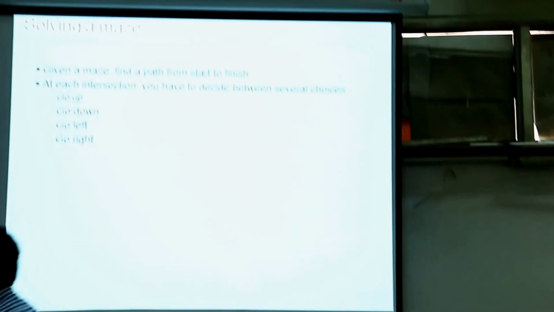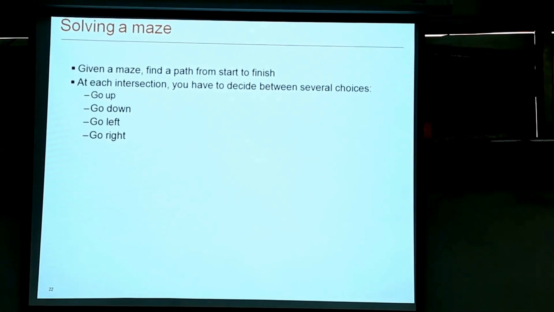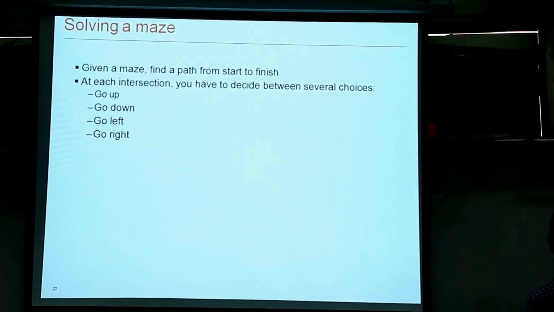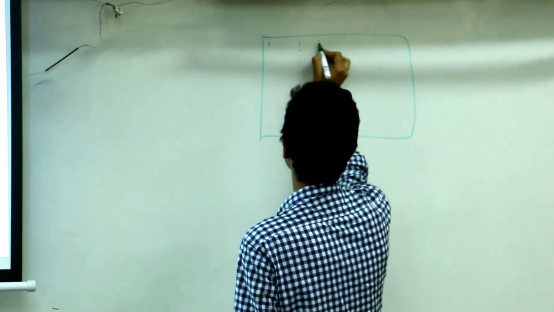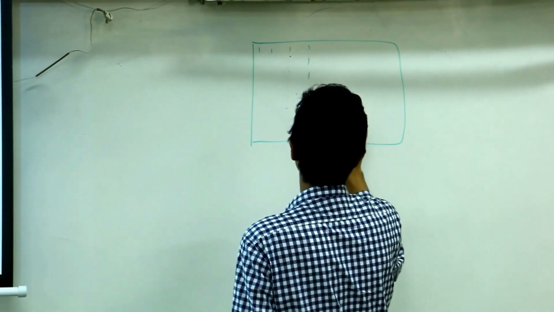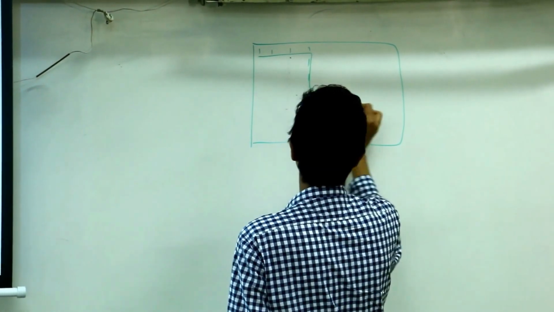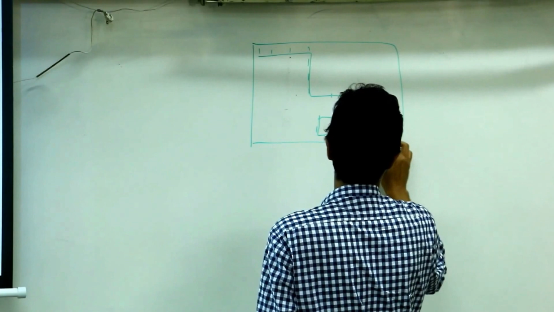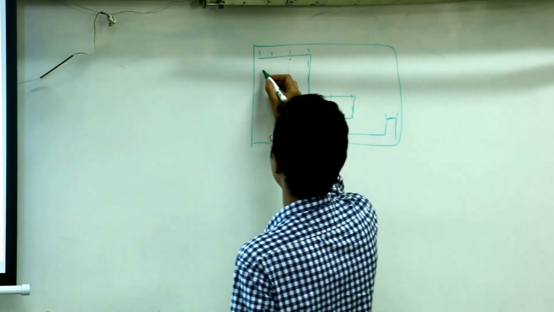Okay, so suppose we want to find this solution, which is solving the maze. You are given this maze, and maybe these are the possible cells, and maybe there are some more ones somewhere.